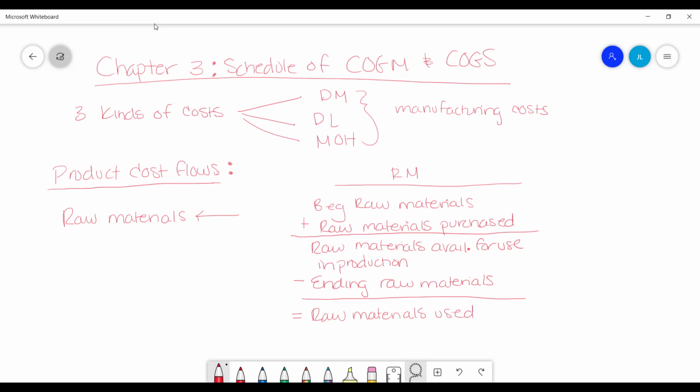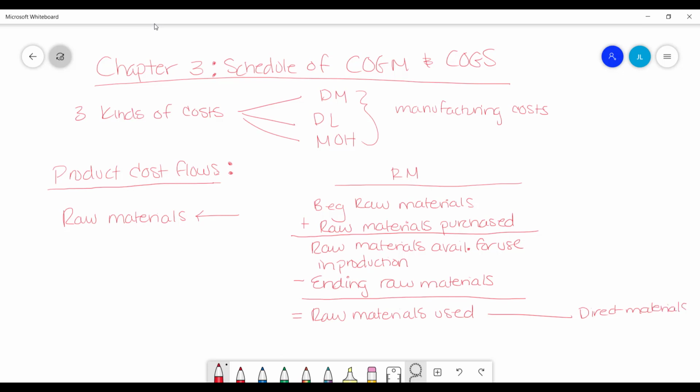Raw materials used. Okay, so to recap, my beginning raw materials plus what I buy is what I have available to use that period. And then whatever I have available minus what's left after the period is over must be what I used. And these raw materials used, that is what we refer to as direct materials.